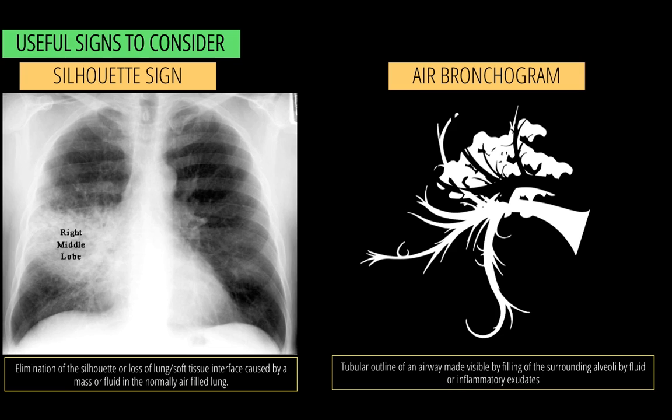However, as soon as you start to see airspace opacity arising, as illustrated in black here, the alveolar space is filling with pus or fluid or hemorrhage, you soon lose the ability to trace the blood vessels due to the fact that you'll now have a similar density, and you'll gain the ability to see the airways moving through the lungs. This is termed or defined as a bronchogram, and it's essentially the same as a silhouette sign, but on a much smaller scale.